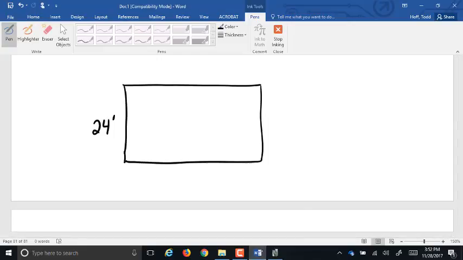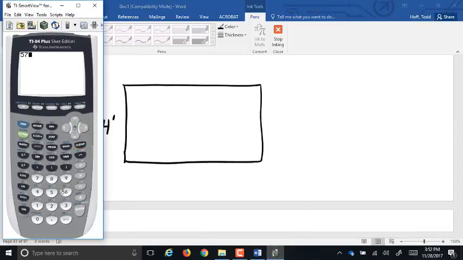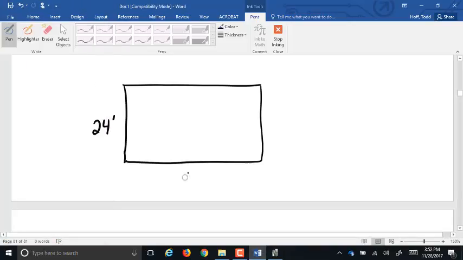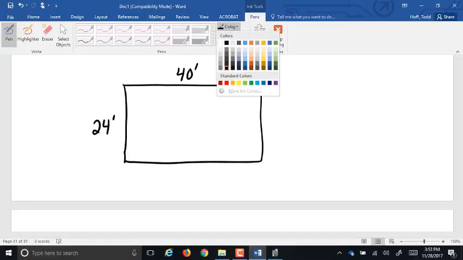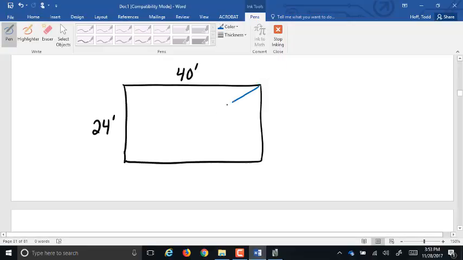Oh, that ain't gonna work. Let's just say that's 24 feet across there, and this is going to be 40 feet across here. If I want to know how far it should be corner to corner, I can use this Pythagorean theorem.